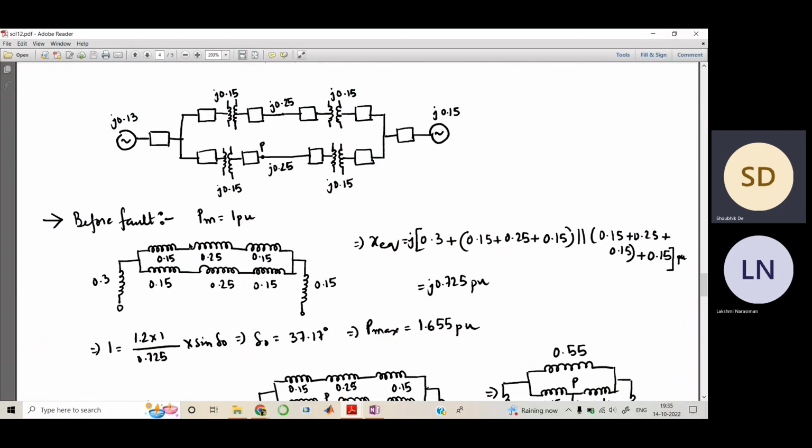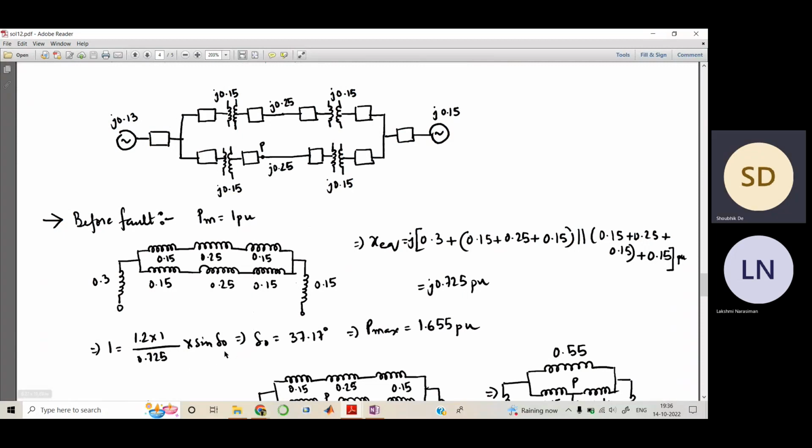So now let's proceed. Initially we will look at what is before the fault. As we know, our mechanical power input is 1 per unit, and we have to calculate the equivalent reactance of this whole system before the fault. Pretty simple: this is the transformer, this is the line, again this is the transformer, same for the line below it, and we get an equivalent reactance of 0.725 per unit.